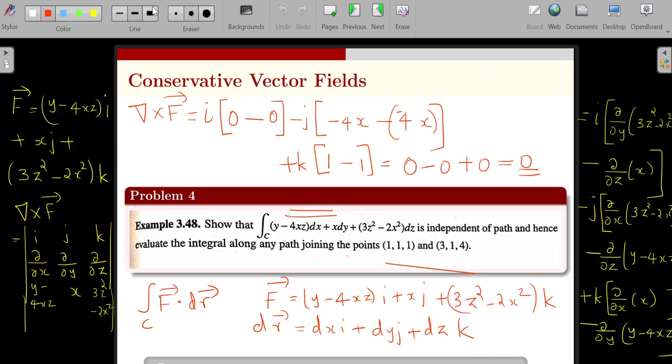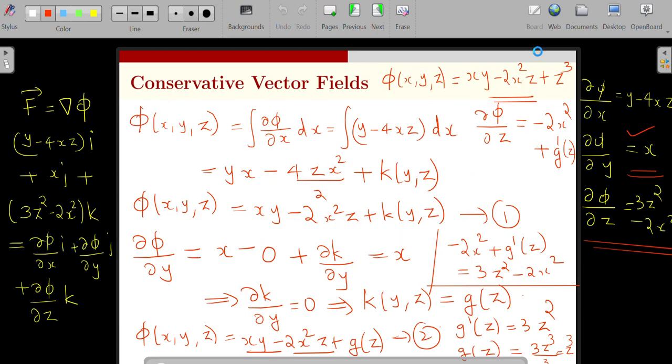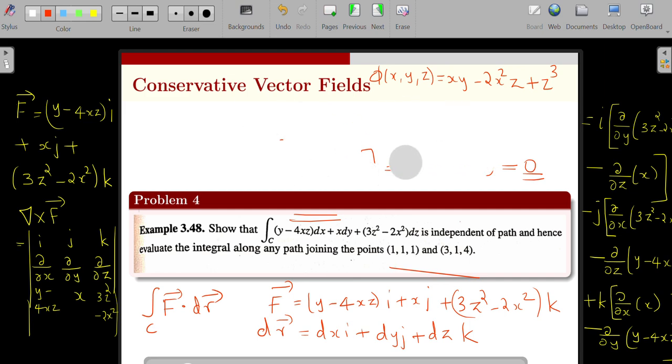So phi of xyz is equal to xy minus 2x square z plus z cube. Now look at the problem. We have to calculate the work done to move the particle from (1, 1, 1) to (3, 1, 4).